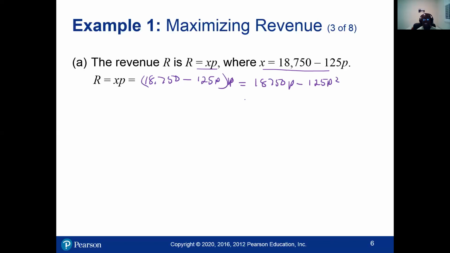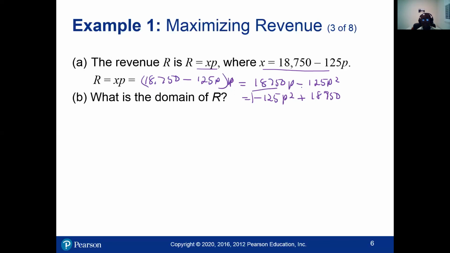Now notice that this is the same as minus 125P squared plus 18,750P. Okay. So this is the revenue function.